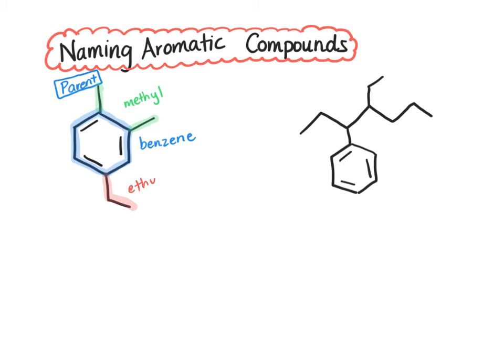Ethyl. Okay, we're going to use the same numbering motif that we did for cyclic alkanes. So we don't care about the double bonds in our numbering. The name benzene takes care of that. So we just want the lowest possible sum.